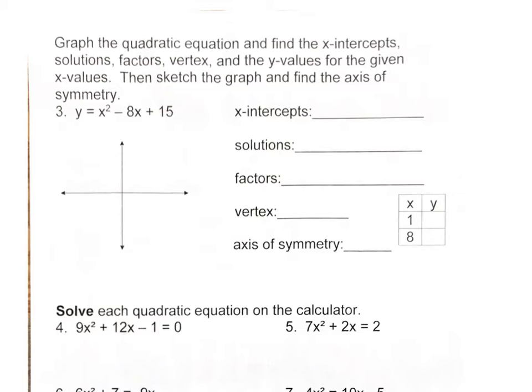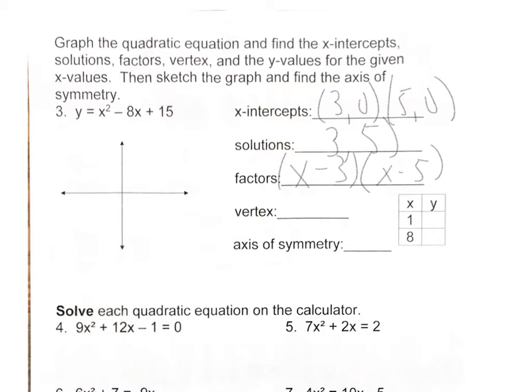So right away we can tell by looking that our x-intercepts are going to be 3 and 5. So we know our solutions are 3 and 5. We know our factors are x minus 3 and x minus 5 because you know it's the opposite.